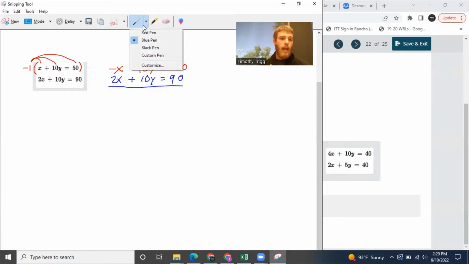So now let's go ahead and add these two equations together. Negative x plus 2x is 1x. I'll just put x. The y's eliminate, that's good. And then here we have negative 50 plus 90, which is 40. So now we actually have the value of x, don't we? So we actually found a value for x. That means there's actually going to be a single solution.